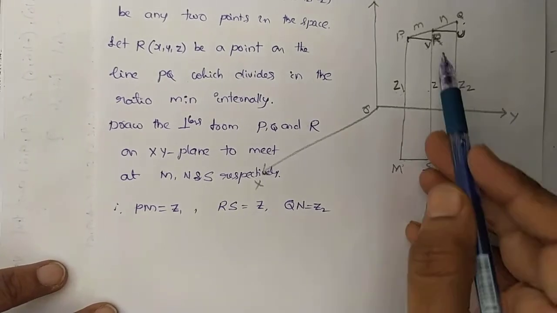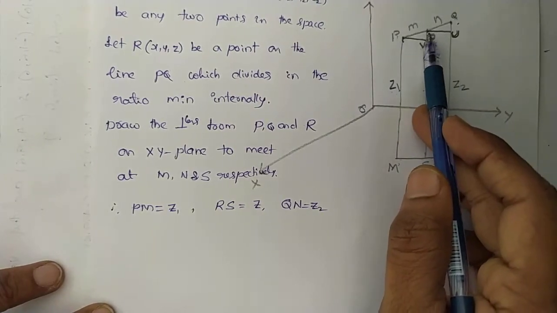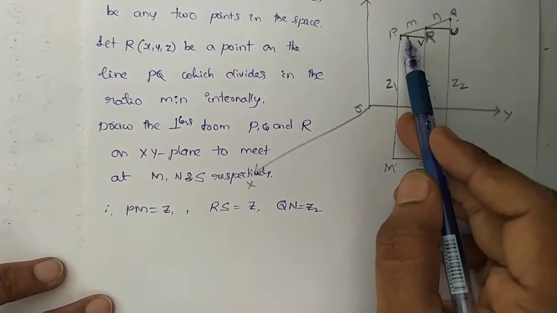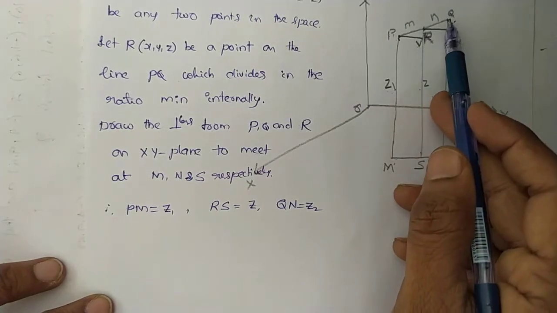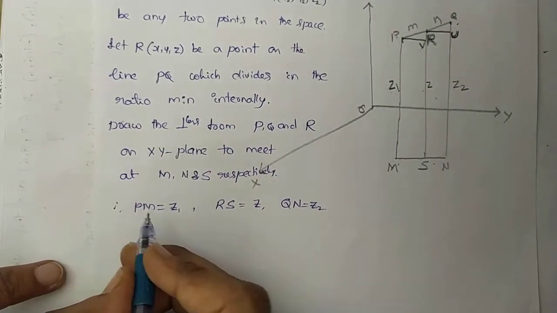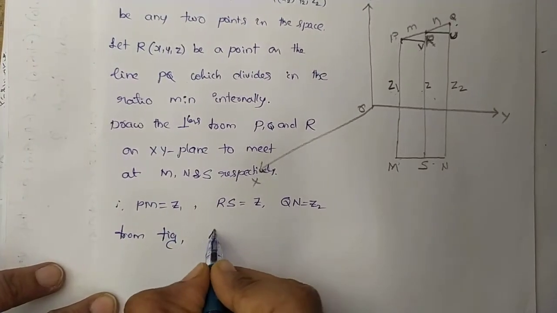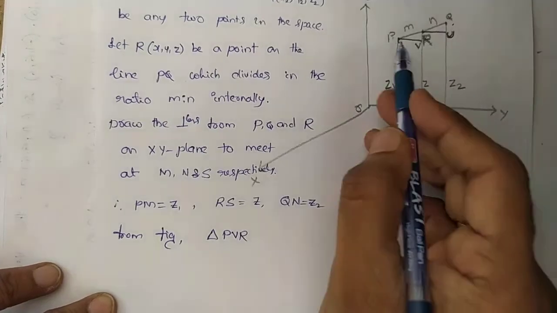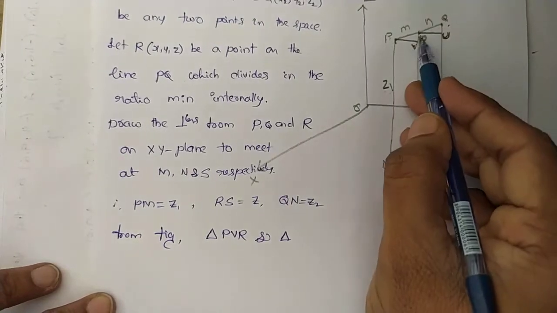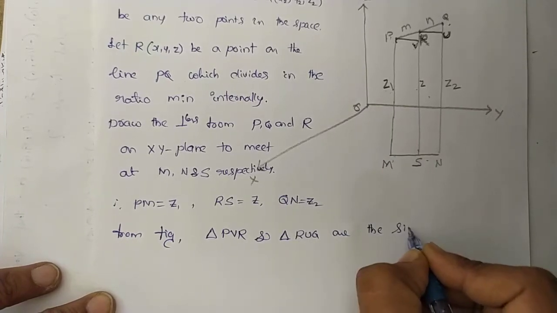From the figure, you can observe that triangle PVR and triangle RUQ are similar triangles.